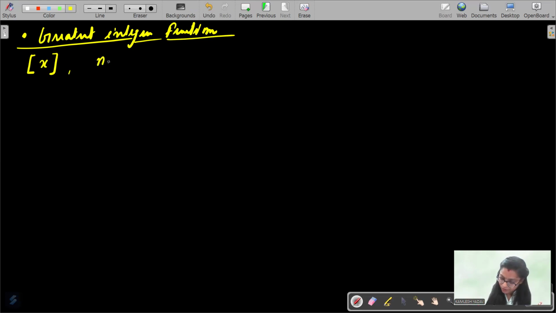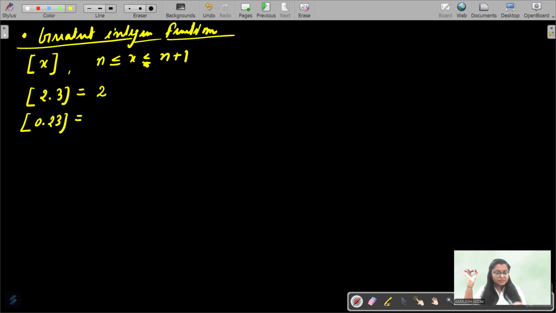Actually, this is the form n ≤ x < n + 1. Suppose we have an element like the greatest integer in 2.3. So what value do we have here? 2. Suppose we have the value 0.23, then the greatest integer value is 0, and when it is 2, then it is equal to 2. Okay.